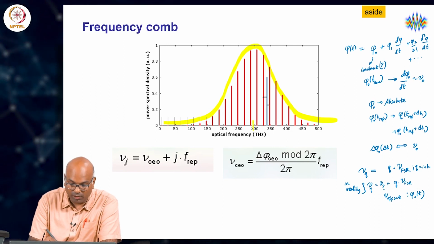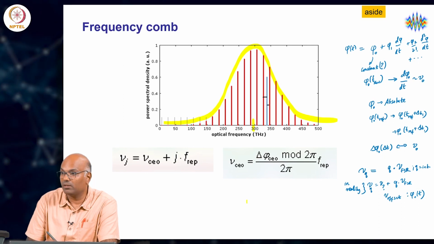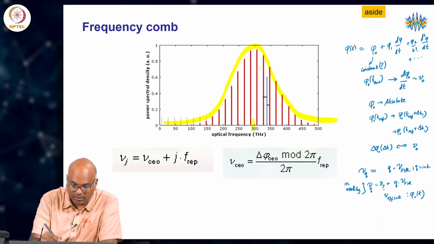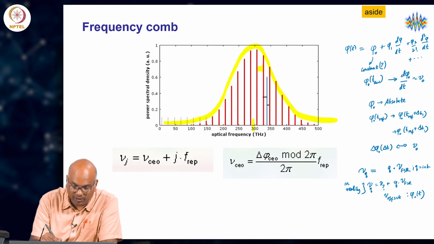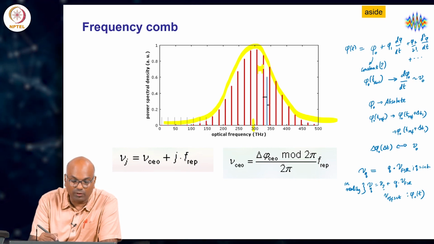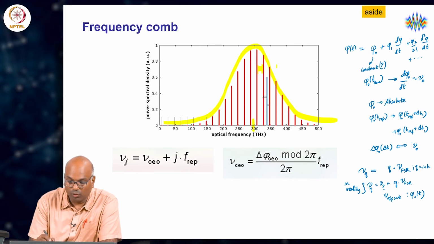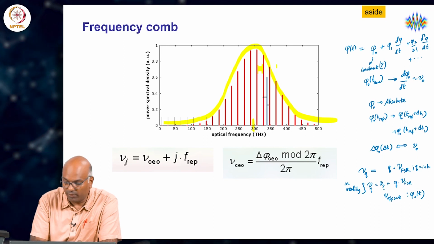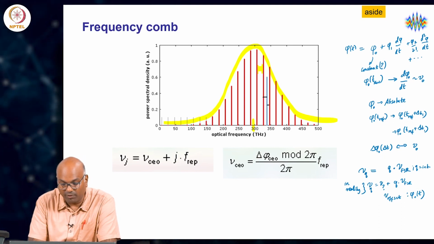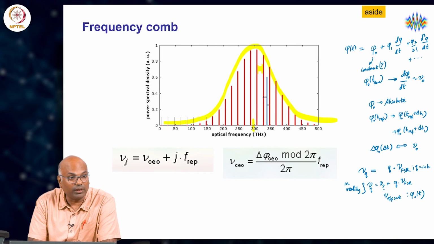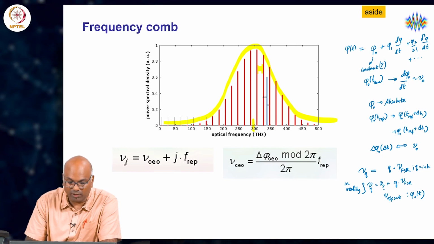One is the position of its, you can say, center of mass, and the other degree of freedom is the spacing between any 2 teeth of the comb. So the whole spectrum can move. What we mean by saying that nu naught can vary in time is that the center of mass can move around.